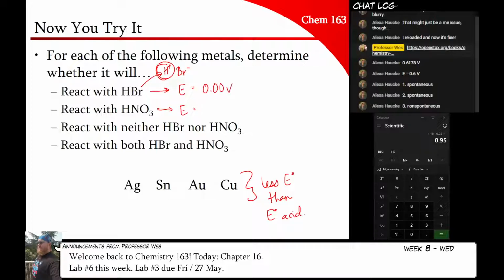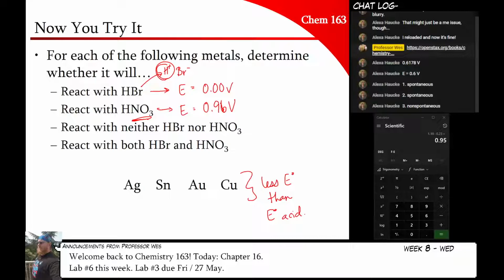So E for the acid being reduced is 0. HNO3 has NO3 minus, which can be reduced, and we said that that was this. Was that 0.96? I forget. Let's see. Yeah, that's close enough. Okay.